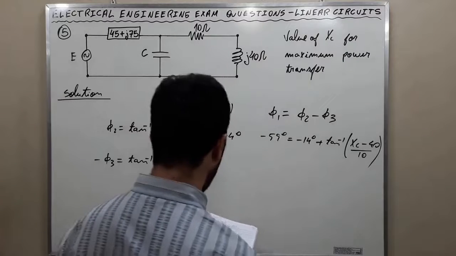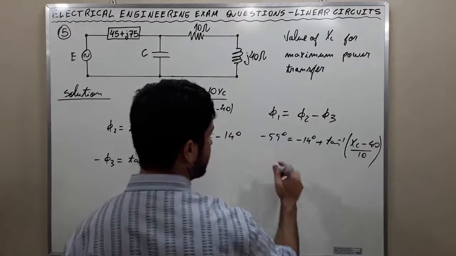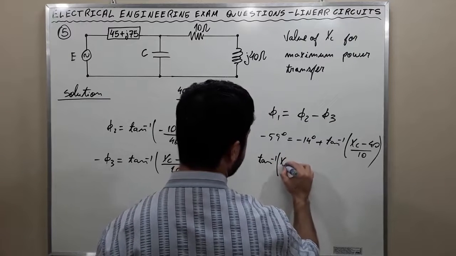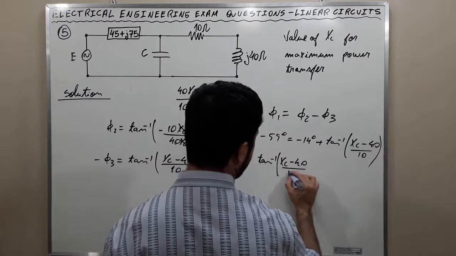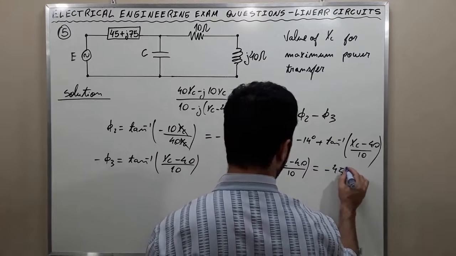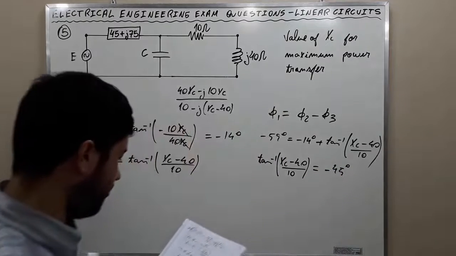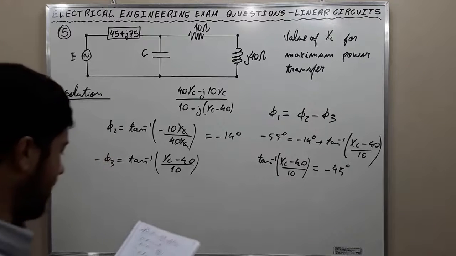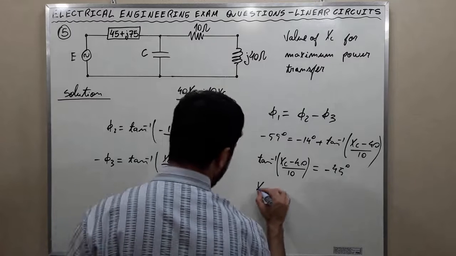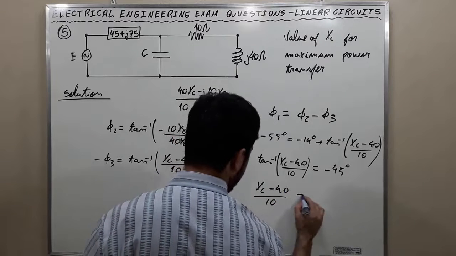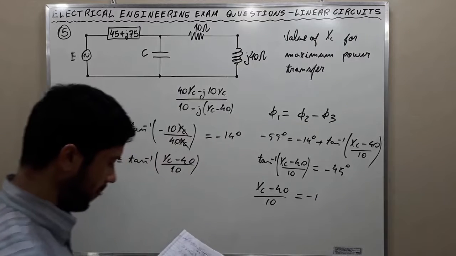Okay? So I pass this to this side. So the inverse tangent of XC minus 40 divided by 10 is equal to negative 45 degrees. And since the tangent of negative 45 degrees is negative 1, we know that XC minus 40 divided by 10 is equal to negative 1.